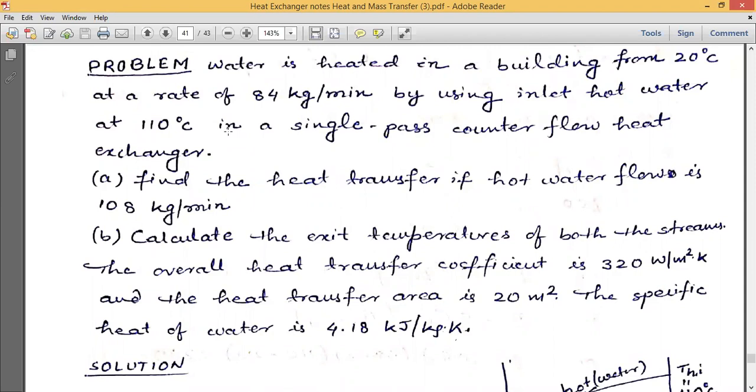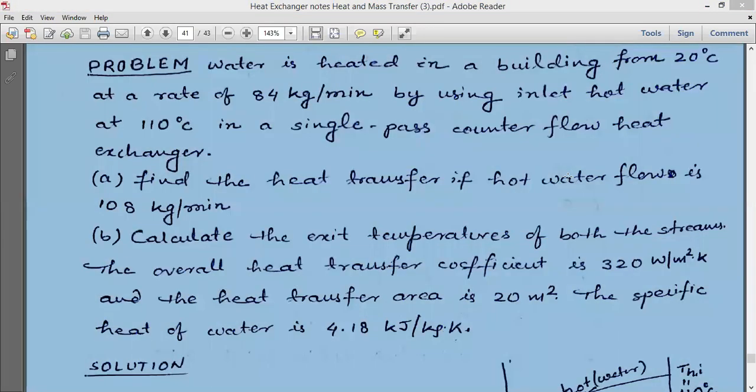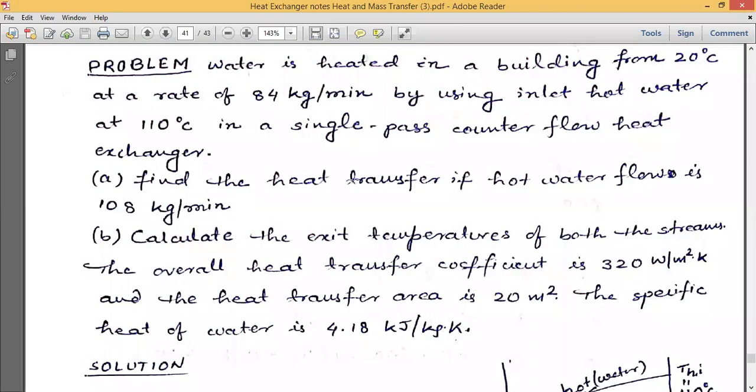It is being asked what are the heat transfer as well as the exit temperature of both fluids. So this problem can be solved by the use of effectiveness and NTU method.